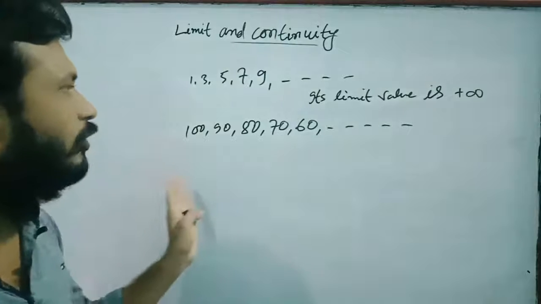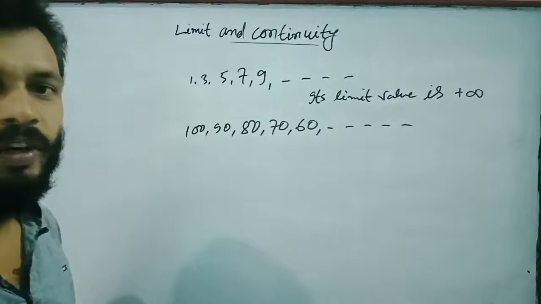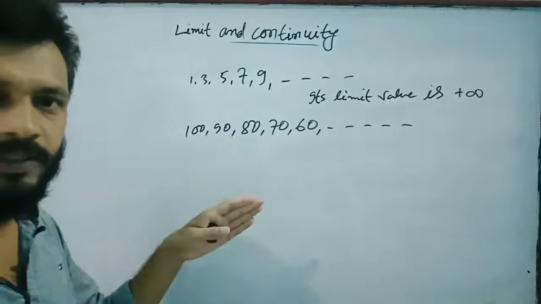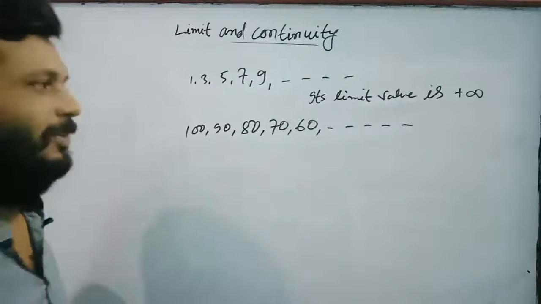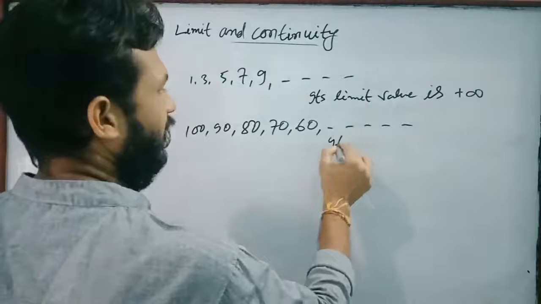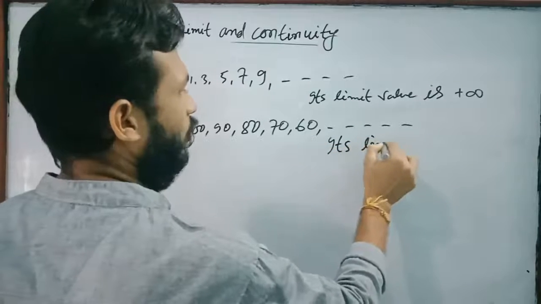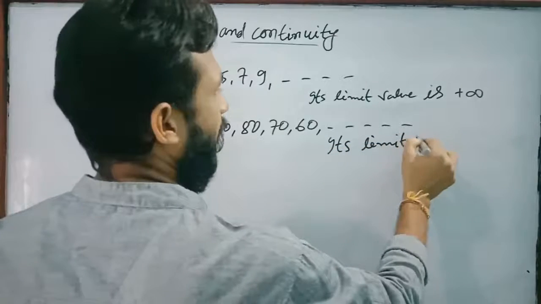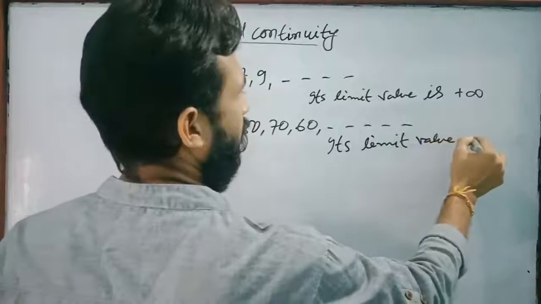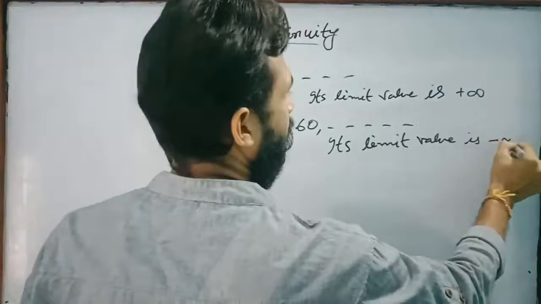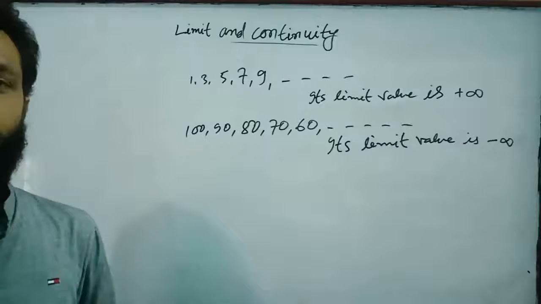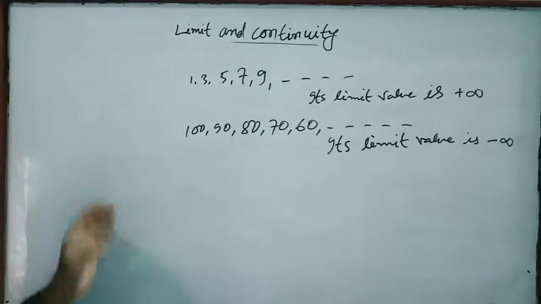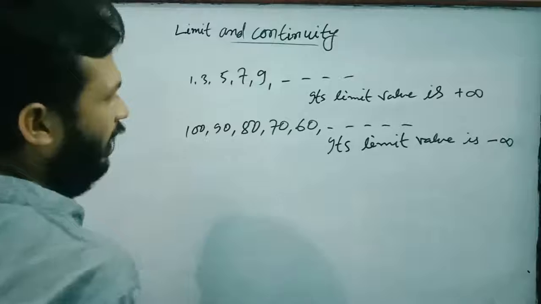So what is the limit value of the given sequence? Negatively infinite. Yes? Its limit value is negative infinite. Are you clear? Understood? Have you any doubts? I think no doubts.